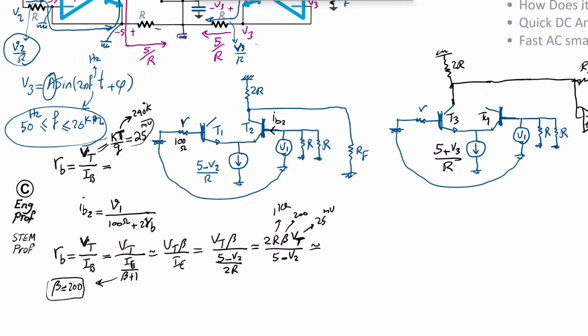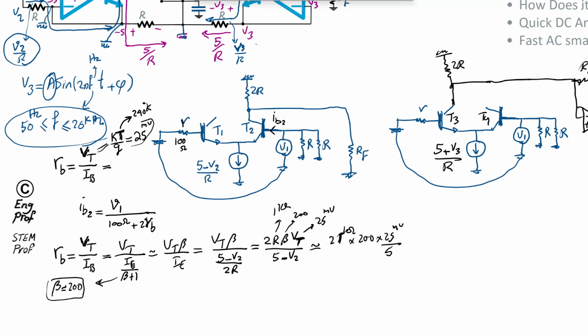So effectively, just for the sake of getting a sense of the ranges, we have 2 times 1 kilo ohm times 200 times 25 millivolt, and then divide by 5 in the denominator. So this becomes 5 millivolt, and then times 200 is 1000 millivolt, which means 1 volt.